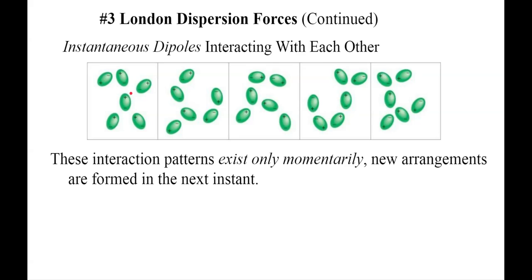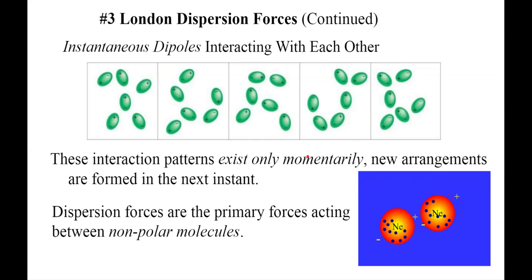Now, if you go from one nanosecond to the next, to the next, you'll find they change, and on average, these things are completely nonpolar. However, because they still possess these super fleeting, momentary dipole moments, it is still an attractive force.